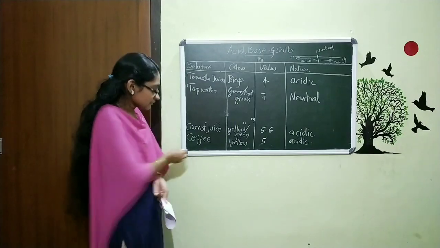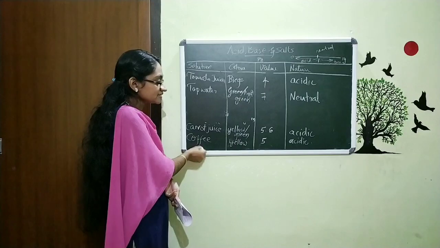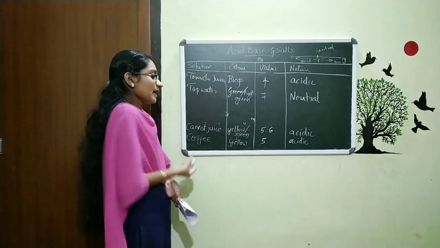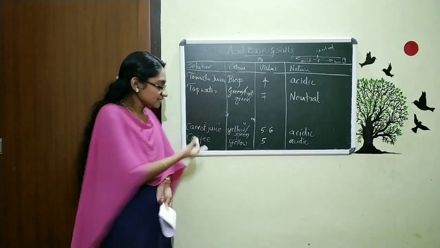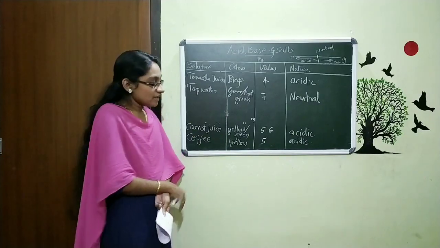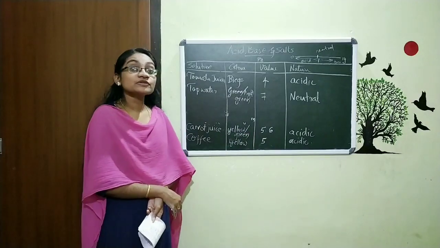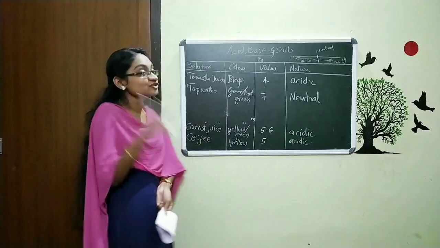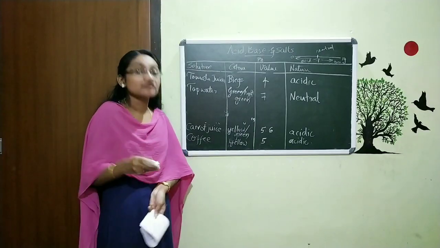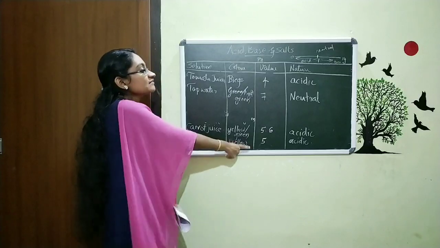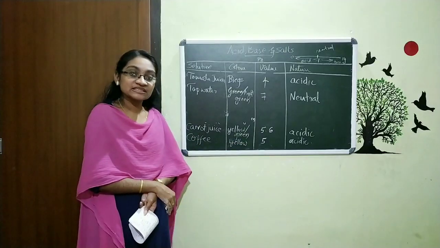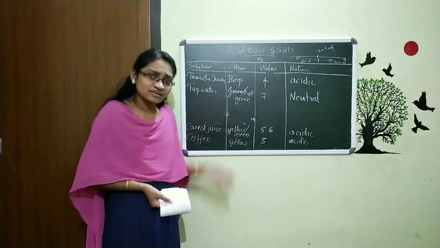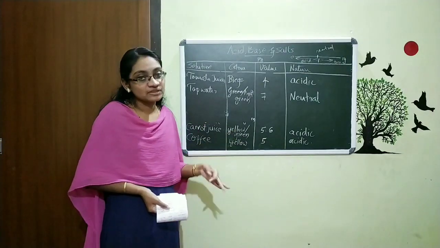So I will show you one thing. Here we are saying that this coffee has a yellow color and got the value 5, and I am taking a glass of water and making this coffee. So I get the value 5. Now I am going to make this coffee with the same cup of water, but I am adding 2 spoons of coffee powder. Then the value of the pH will change. Not a very high variation, but a small variation will be there.